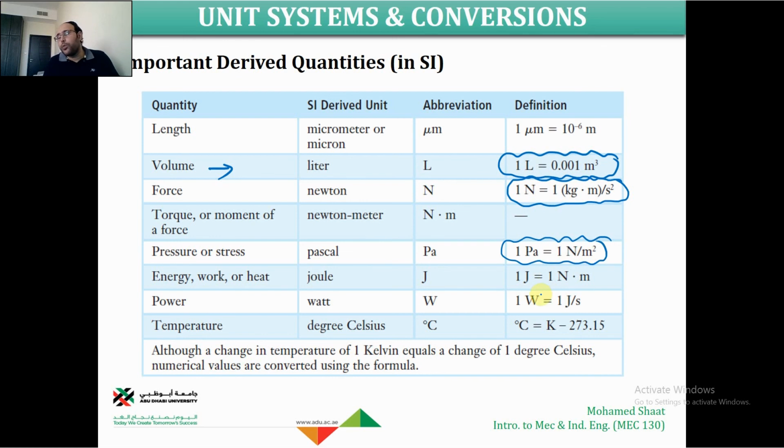It is highly important to know that Pascal is a measure of pressure, of stress, of many important physical phenomena that you're going to use as an engineer. It is equivalent to force per area. Pressure is a force per unit area, so it is a force, Newton, divided by area, which is meter squared. That's why 1 Pascal is equivalent to 1 Newton per meter squared.